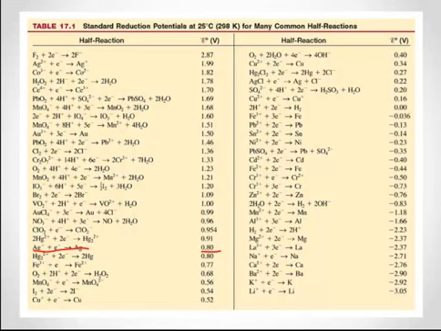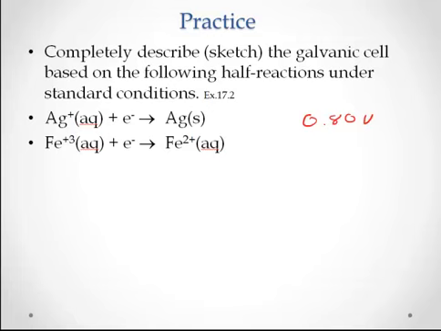And then Fe3+ being reduced to Fe2+ is 0.77. Let me write that down.